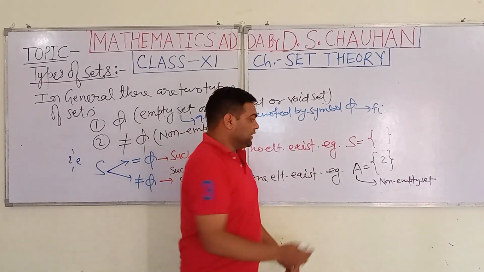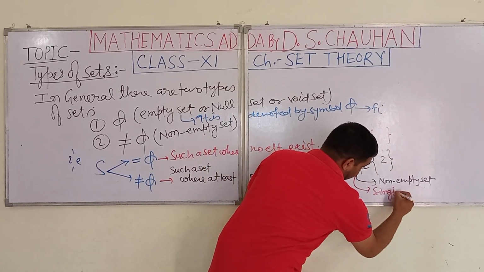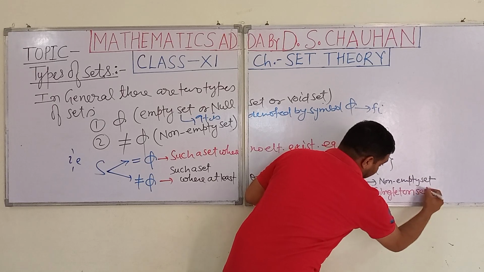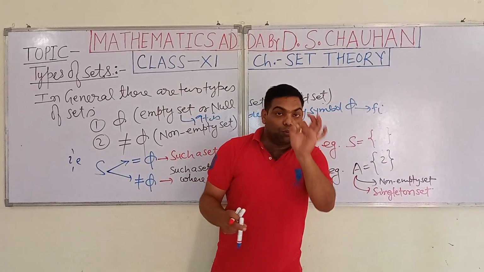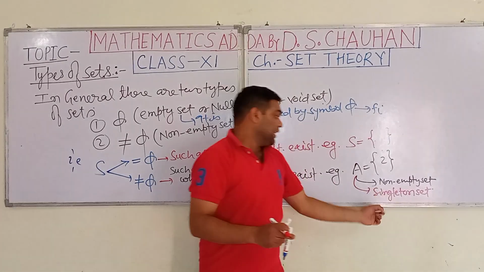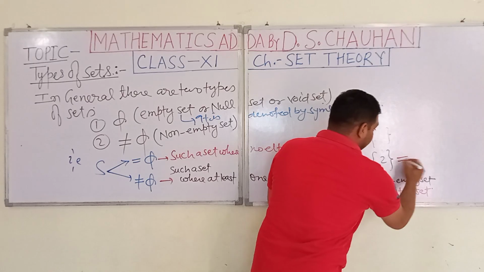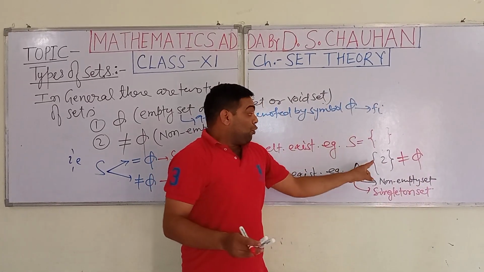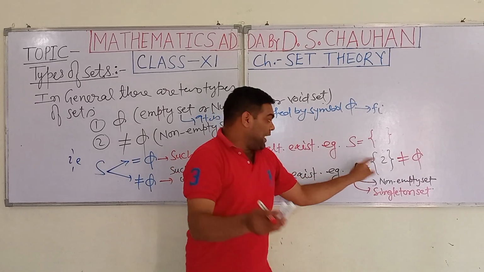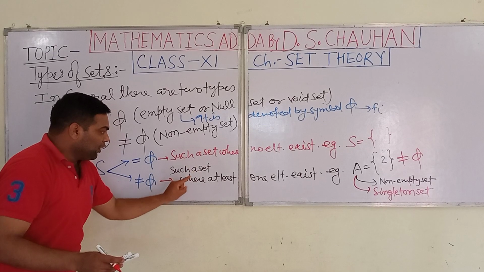Students, see, this is a non-empty set. Also here only one element is present. So such a set where only one element exists is called a singleton set.